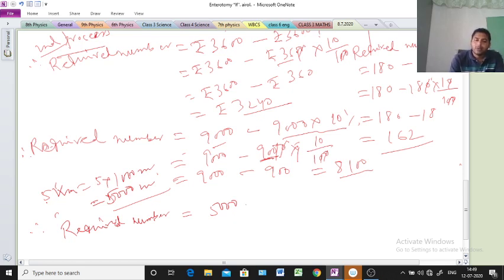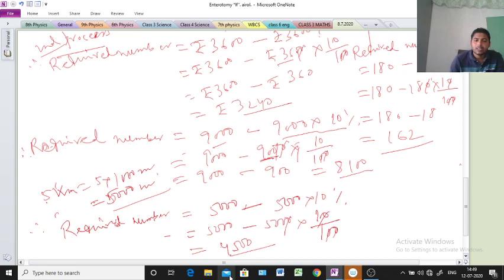Okay, 5000 minus 5000 into 10%. Concept clear? So 5000 minus 5000 into 10% means 10 by 100. Two zeros will be cancelled, that means 500 we are getting. So 5000 minus 500 is 4500. This is the answer.